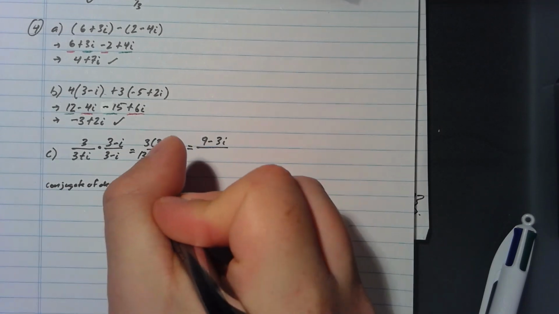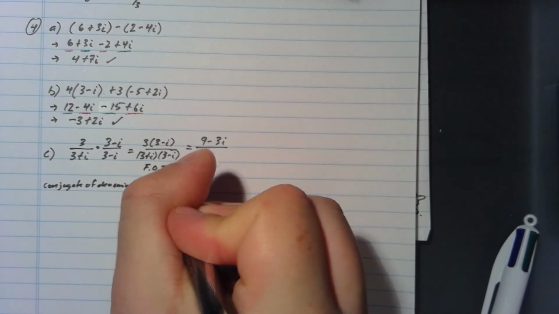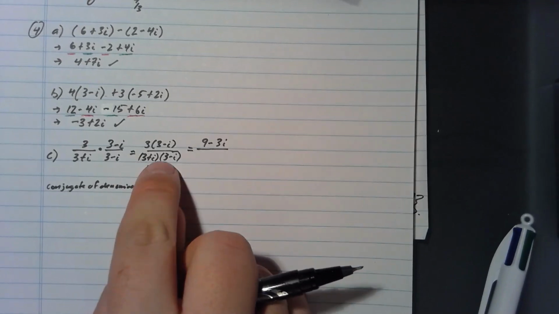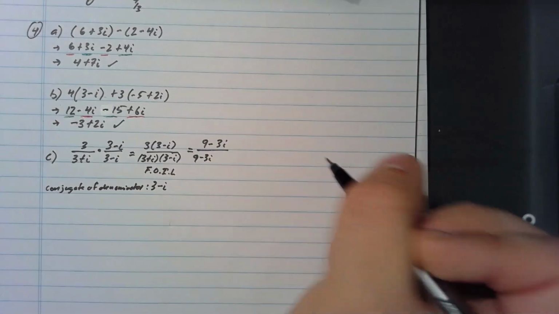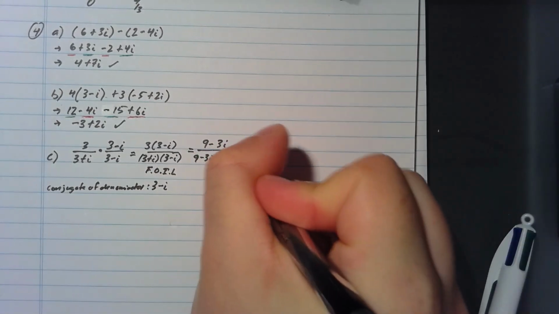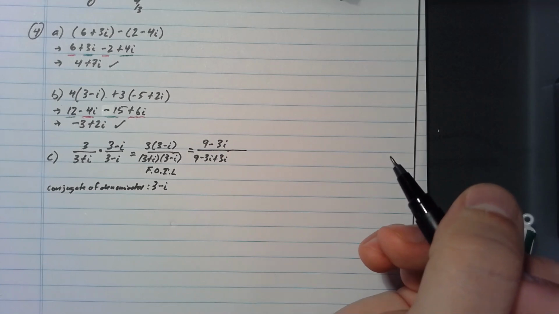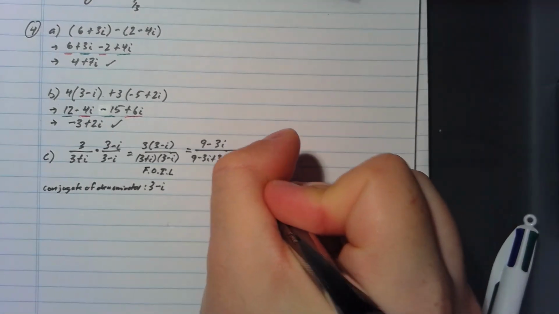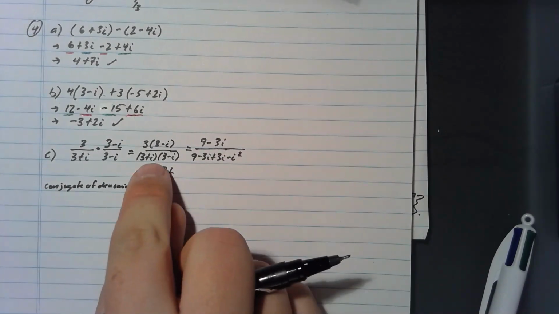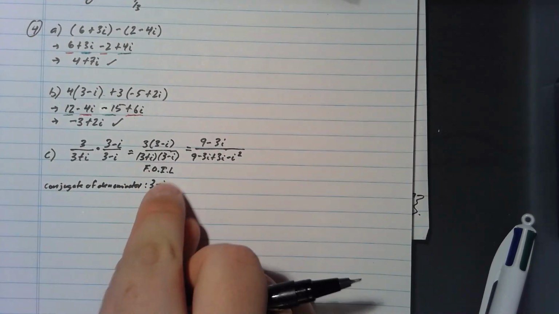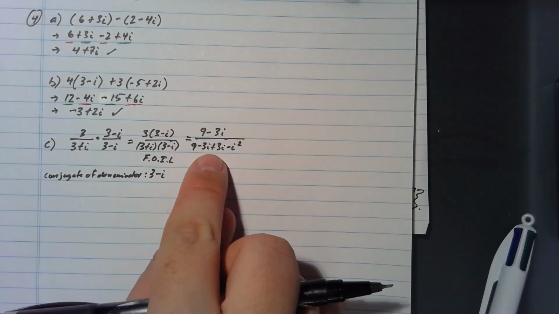Right? You're going to FOIL this. So first, outside, inside, last. So 3 times 3 is 9. 3 times minus i is minus 3i. i times 3 is plus 3i. And i times negative i is negative i squared. Now, when you multiply a conjugate by itself, the middle term will always cancel out.